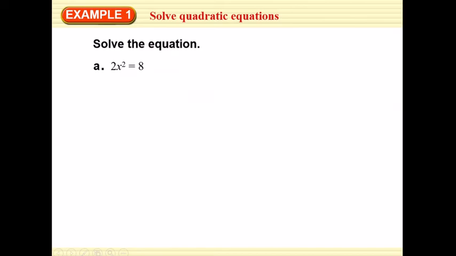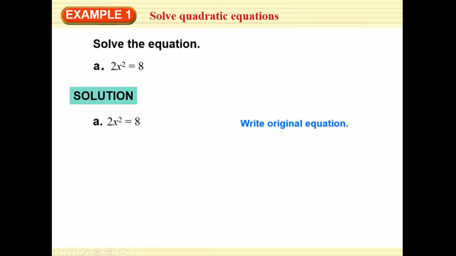So let's go ahead and look at an example. Our whole goal here is do what you can, work from the outside in, and isolate that x squared and then take the square root. So in step 1, of course, write out the original equation and then divide by 2 on both sides, moving that 2 over.